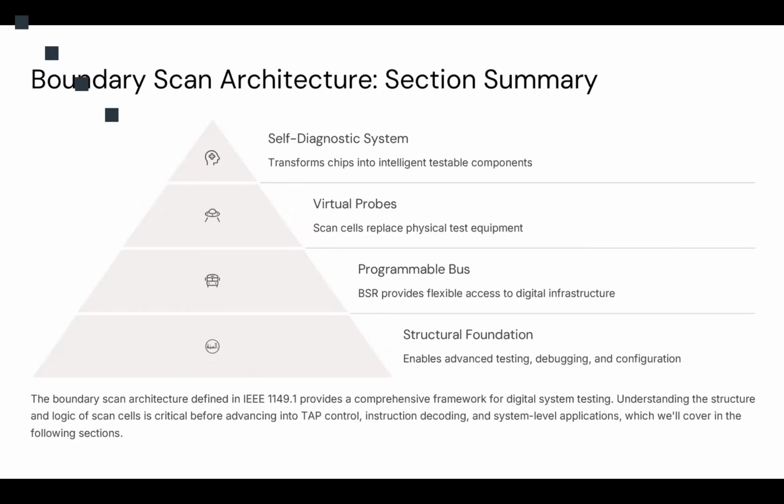At the system level, it can also help us have a virtual probe that could help us diagnose any defect or failure in the interconnections between the chips. So we could have observation not only on each chip but throughout the whole PCB.